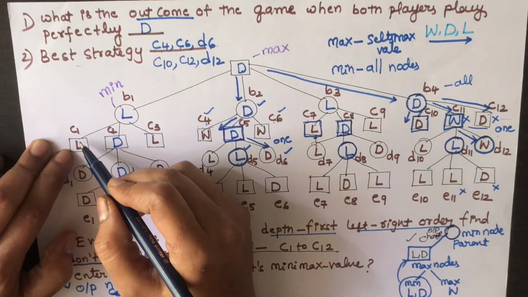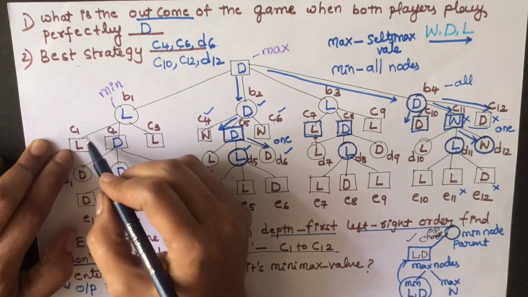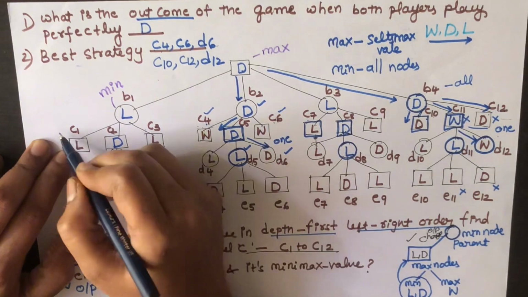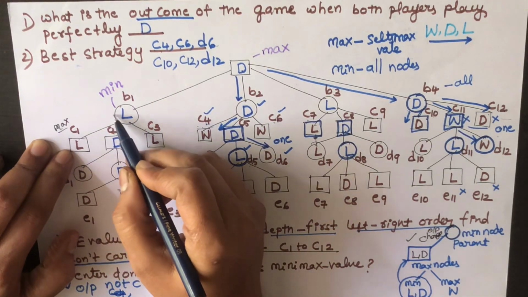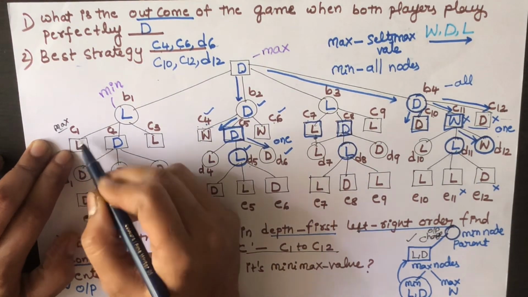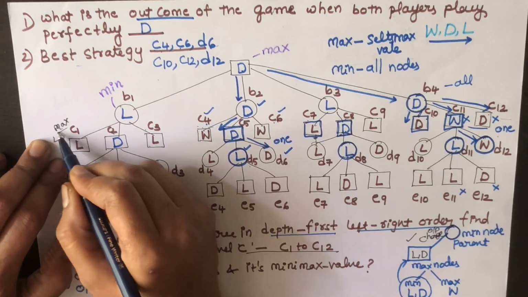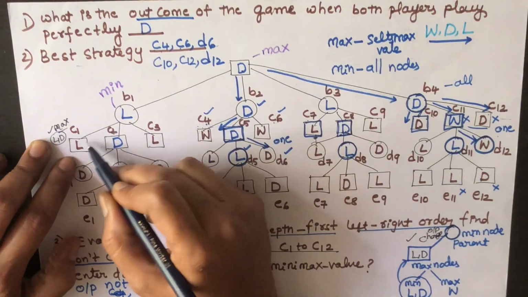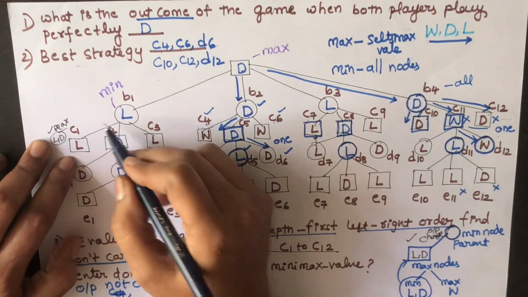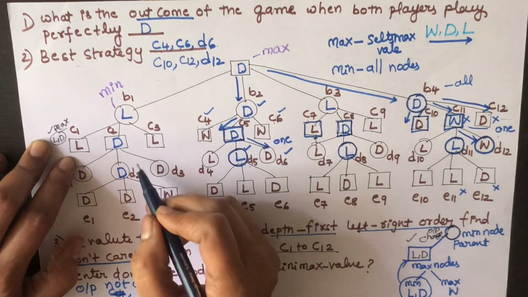So come to C1. C1 is a max node and its parent is a minimum node. If C1 has L or D, it changes the output. So C1 is not a don't care node.